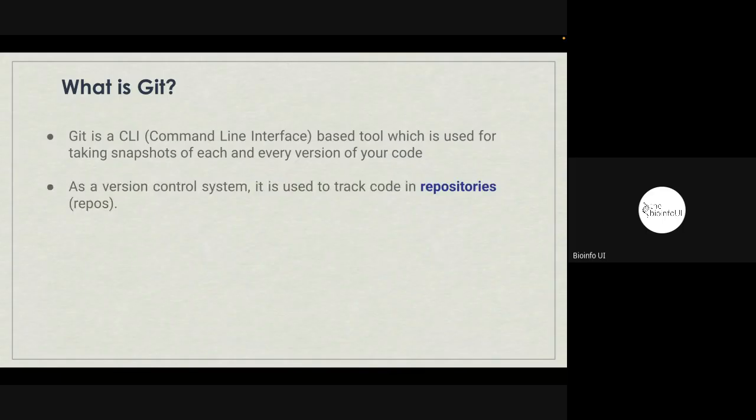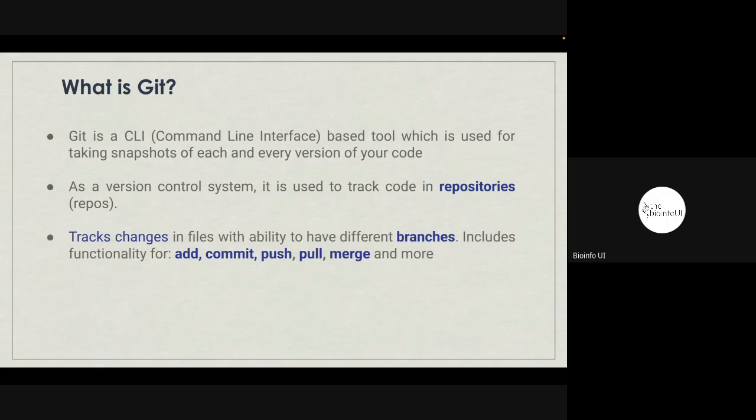As a version control system, it is used to track repositories. Repositories are just directories that we normally make. That's why we're working on the command line. While we make changes to a file in the directory, we can use Git to keep track of whatever changes we make in that particular file.